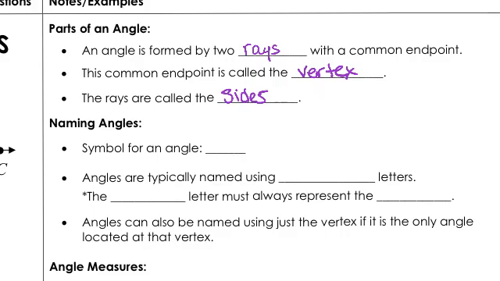When you are naming an angle, you need a symbol for it. It looks a little like a greater than sign, but not exactly. There's subtle differences. Angles are typically named using 3 letters.